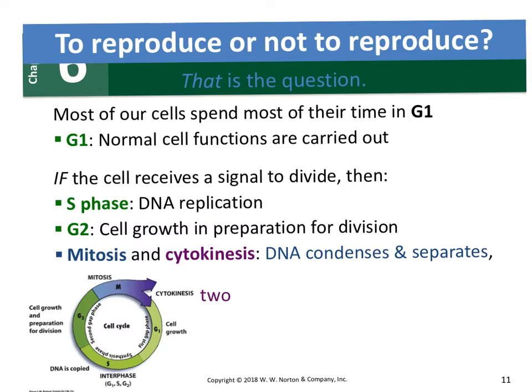Like if they are worn out, they need to be replaced, or they need to be repaired, whatever, certain kind of tissue. They receive a signal that it's time to replicate. Then it goes into S phase, then it goes into G2 phase, and then mitosis and cytokinesis. Okay? But it needs a signal to do that.